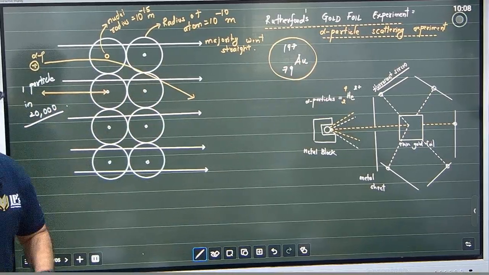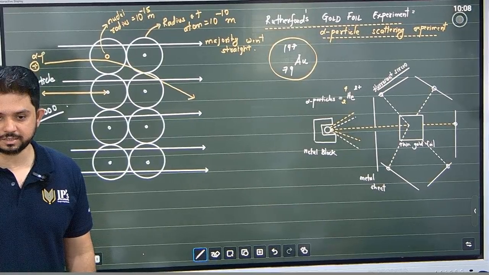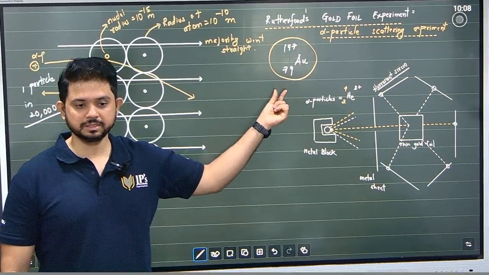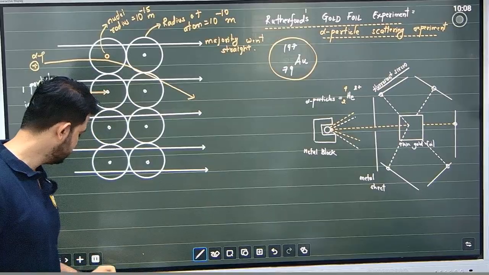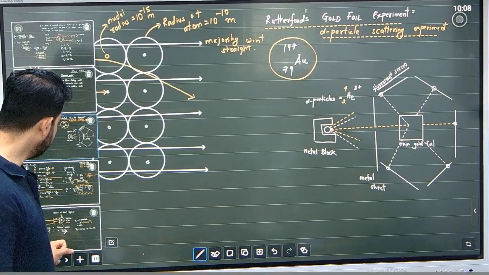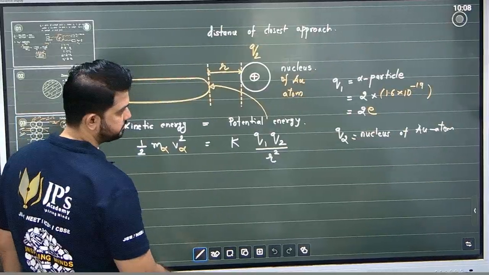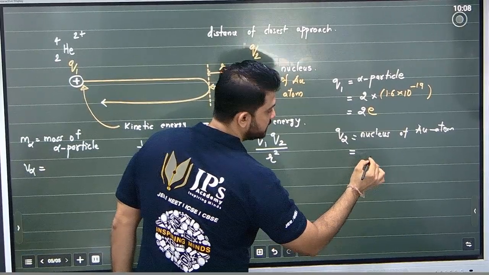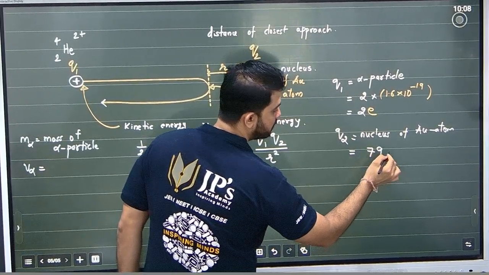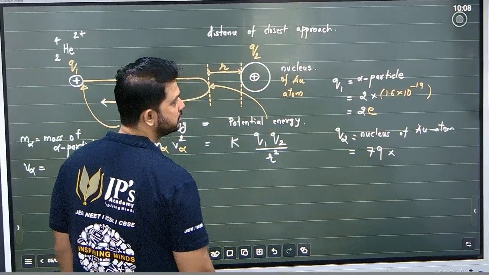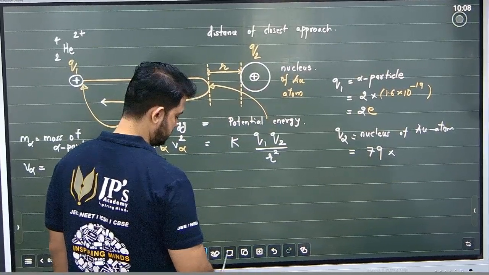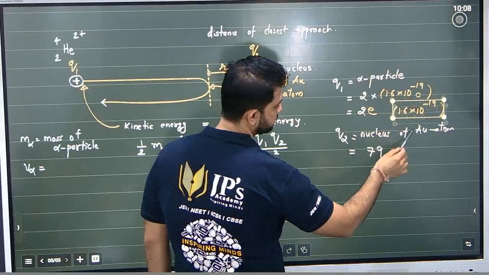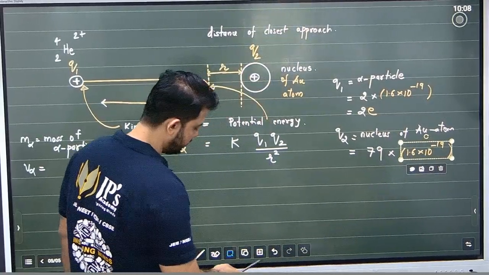Inside the nucleus, how many protons are present? 79. गोल्ड के न्यूक्लियस के अंदर कितने प्रोटॉन्स हैं? 79. What is the charge on each proton? 1.6 into 10 raised to minus 19.